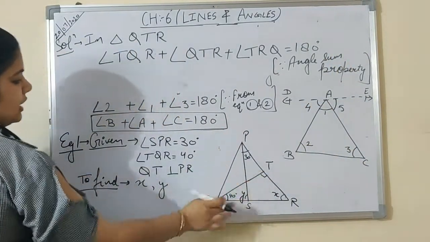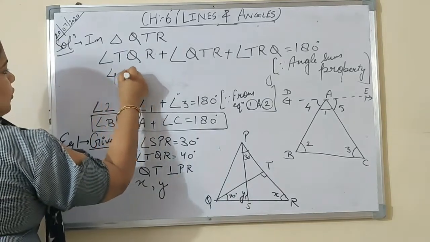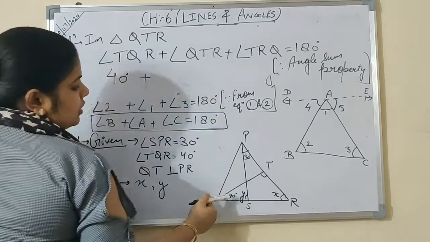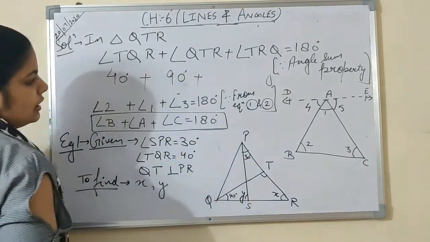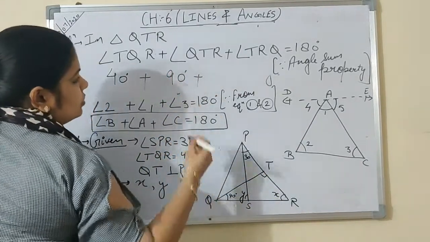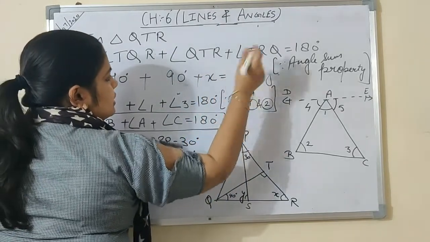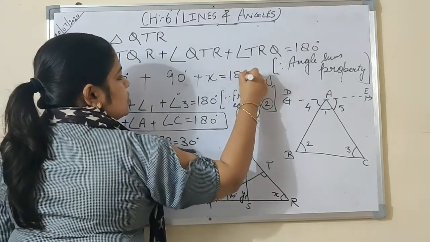Then in place of angle TQR, we can write 40 degrees. Then in place of angle QTR, we can write 90 degrees. Then angle TRQ can be written as X. And then it is equal to 180 degrees.